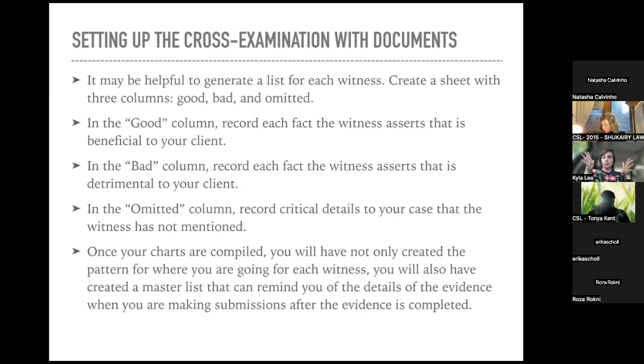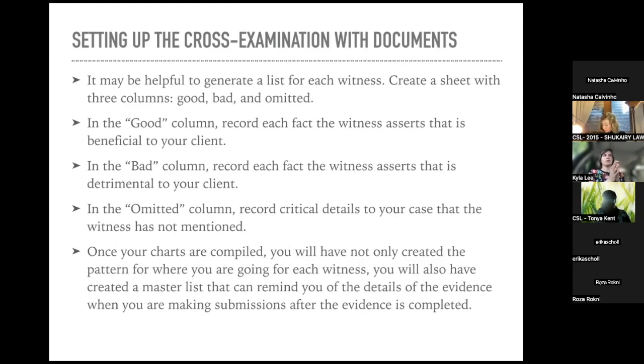And so once you've created these charts, not only do you have this pattern, essentially like a sewing pattern, for where you're going to go with each witness, you've also got a master list that you can put in your trial binder right at the front that you can refer back to. And you can put in there your page references for where you find it.